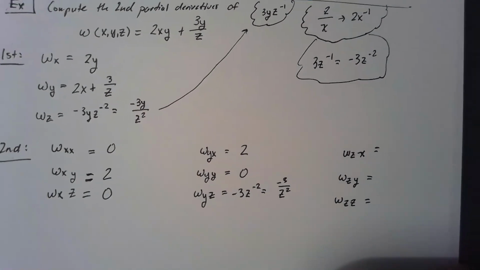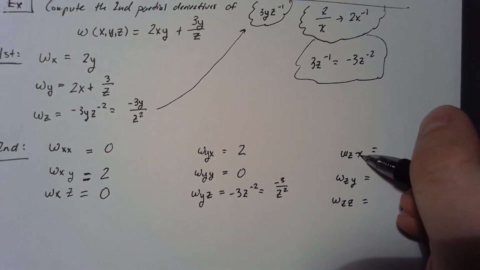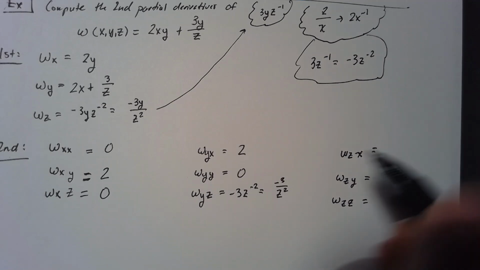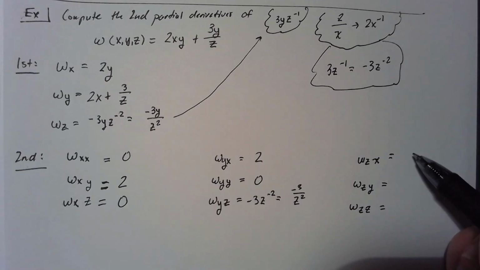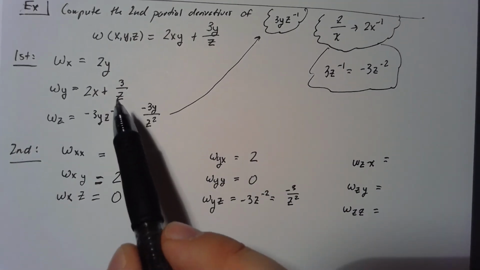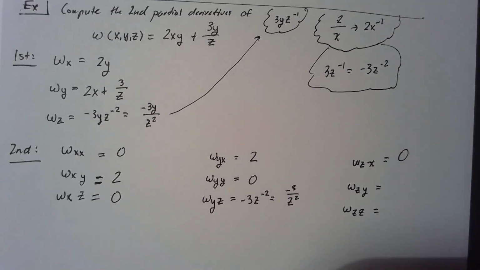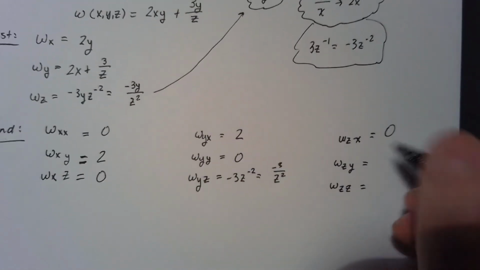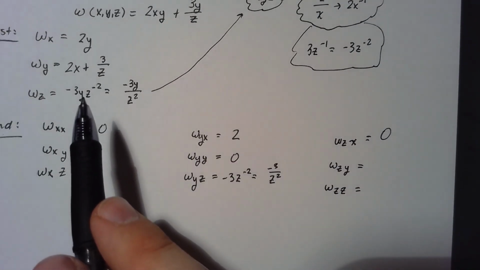All right, keep going. And again, zx, xz. That could be 0, or you could just do it yourself. There are no x's in here, so it's going to be 0. Then zy. I'm going to take the derivative of y.